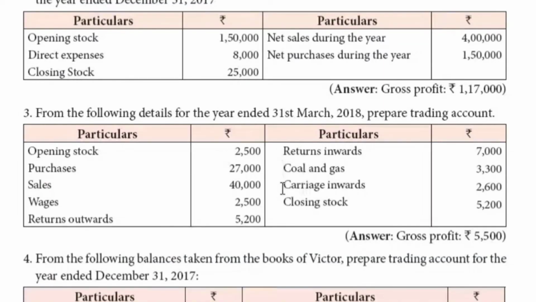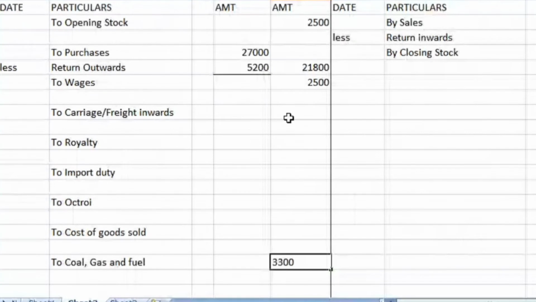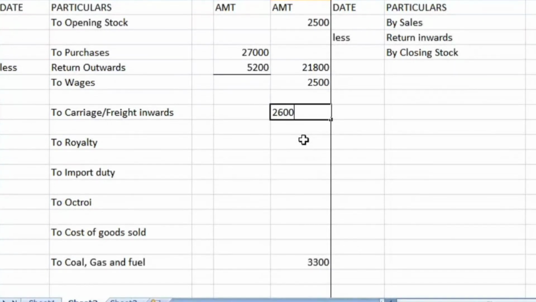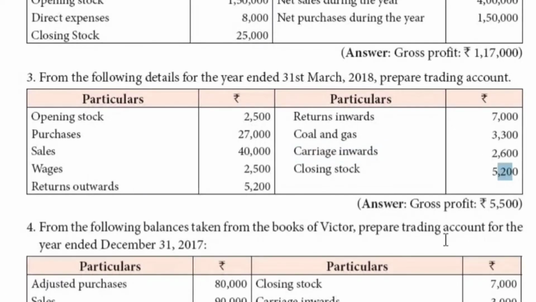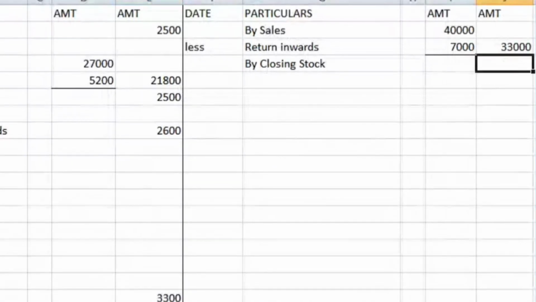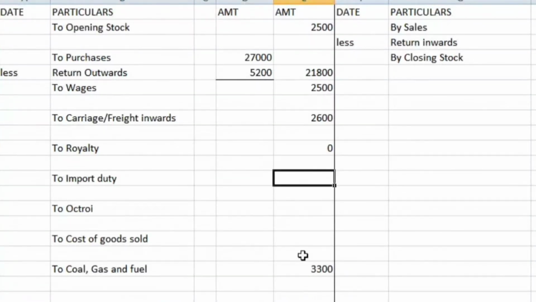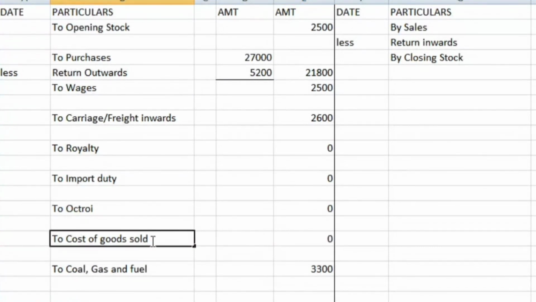Next item is carriage inwards 2,600, here on the debit side. Last we have closing stock 5,200. That's all. So the items which are not there, just put a 0 and finish it off: 0 for royalty, import duty, octroi, cost of goods manufactured.